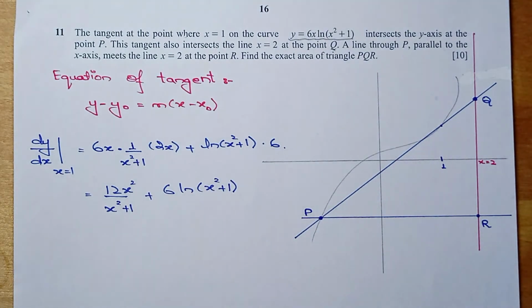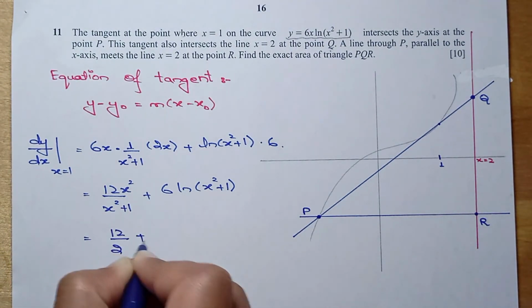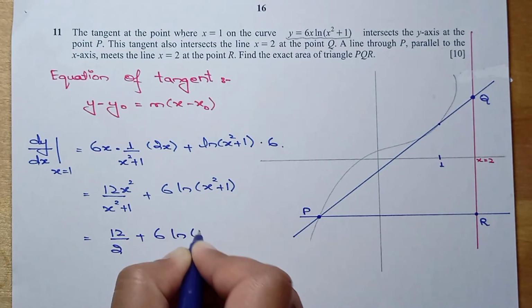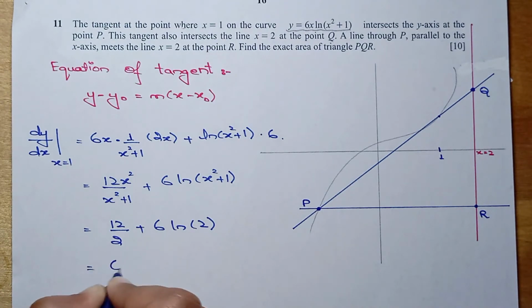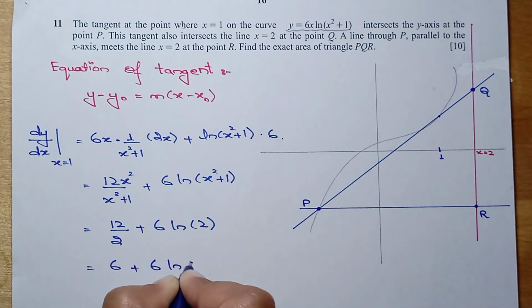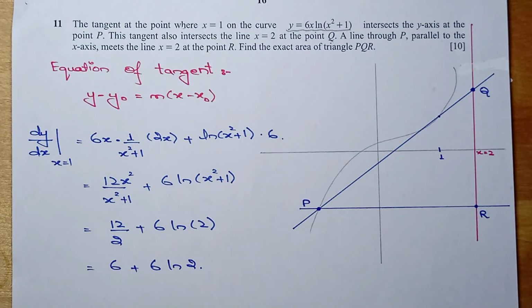Now we need to find its gradient at x is equals to 1. So when x equals to 1 we have just 12 over 2 plus 6 ln 2, right? So 12 by 2 is equals to 6 plus 6 ln 2. So this is a gradient, and we need the point as well. So as we know, the point x is equals to 1. We need to find the point y.